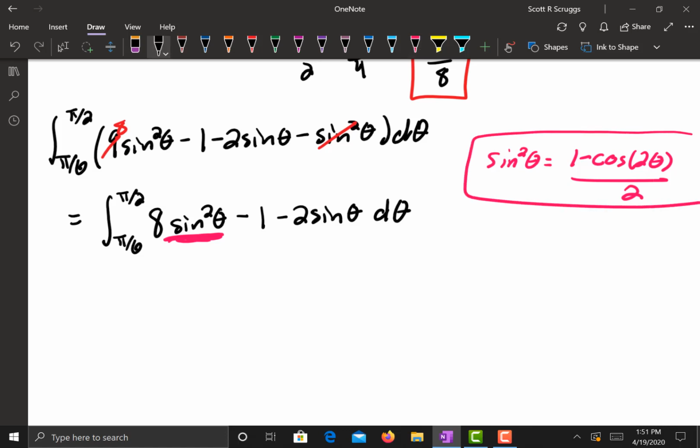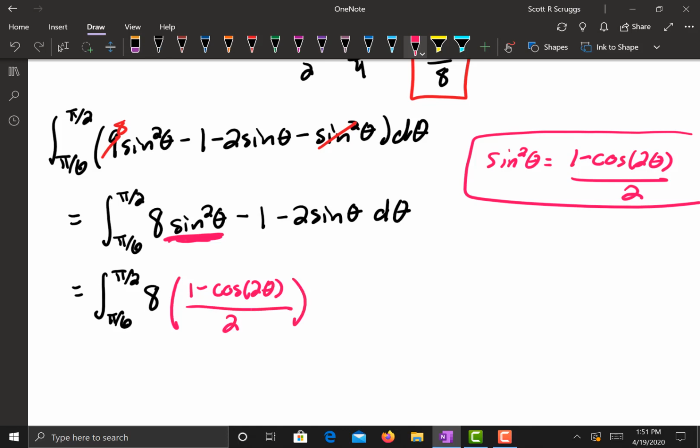And I'm going to use that now to give me the integral from pi over 6 to pi over 2 of 8 times (1 minus cosine of 2 theta) over 2 minus 1 minus 2 sine of theta d theta. And 8 times 1/2 now simplifies down to a 4.